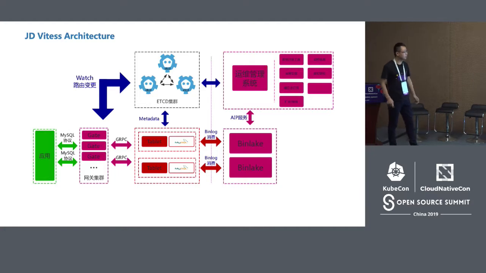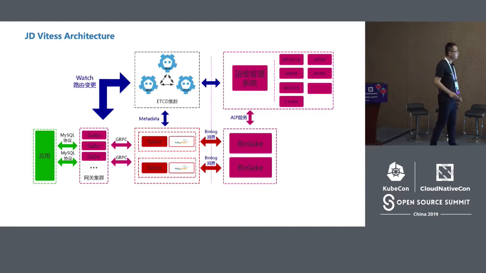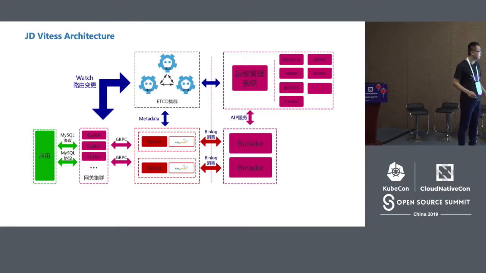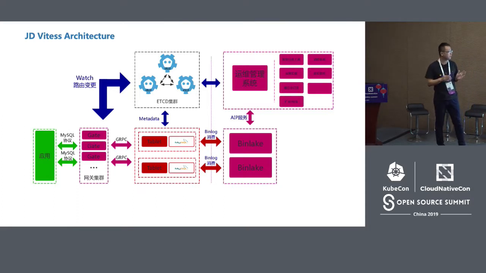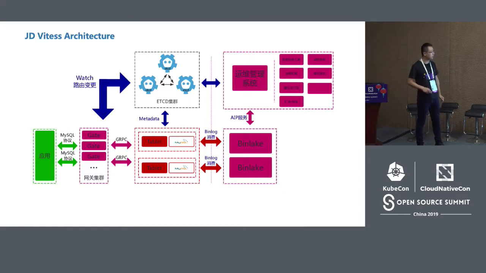Many JD businesses have internal requirements based on our MySQL operation, for example for TB-scale business. For some scenarios, we need to synchronize data in real time to our big data platform by extracting the binlog.